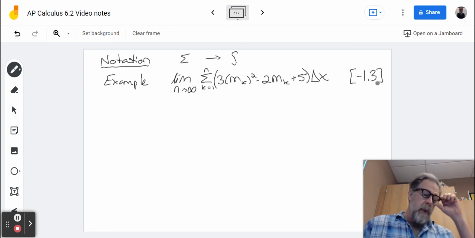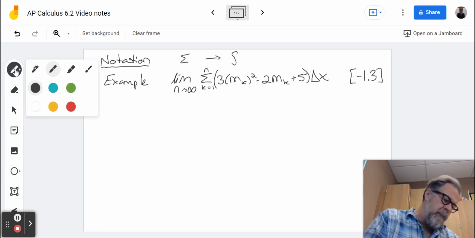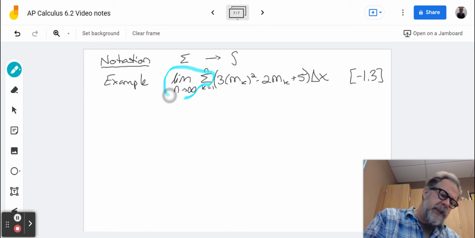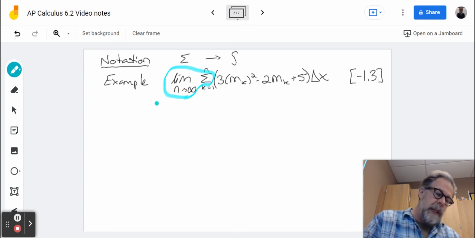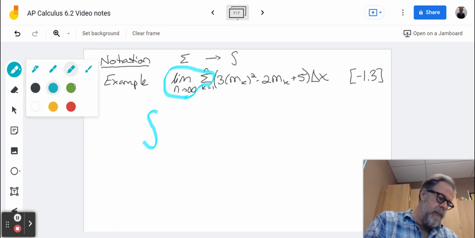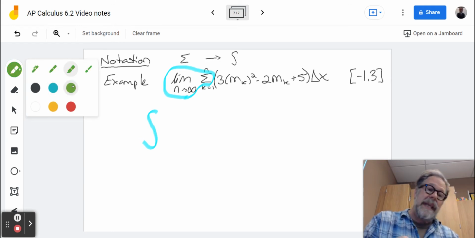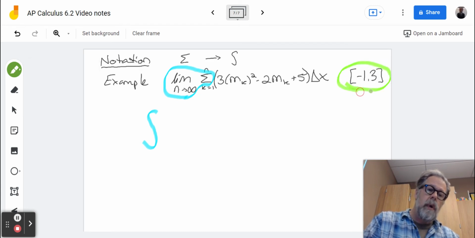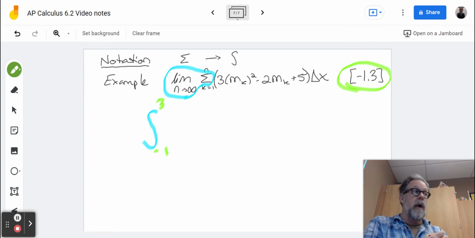What happens? Okay, so let's break this down. First of all, the limit of the sum. Well, the limit of the sum is the integral. Second of all, the interval -1 to 3 is our endpoints, our indices.